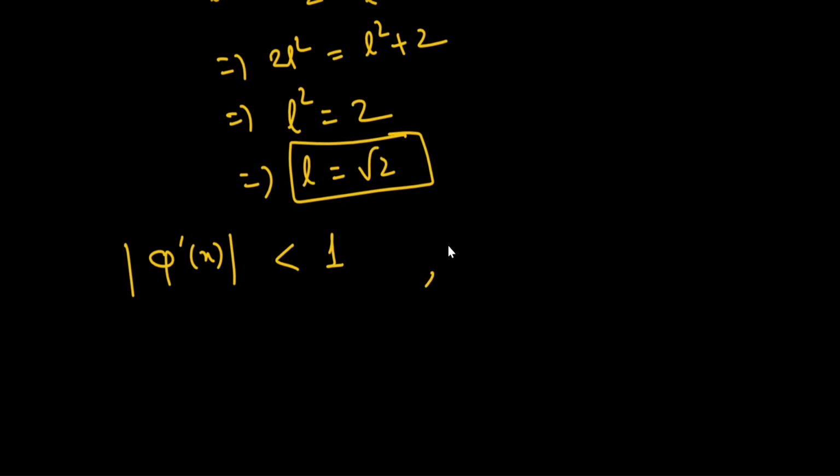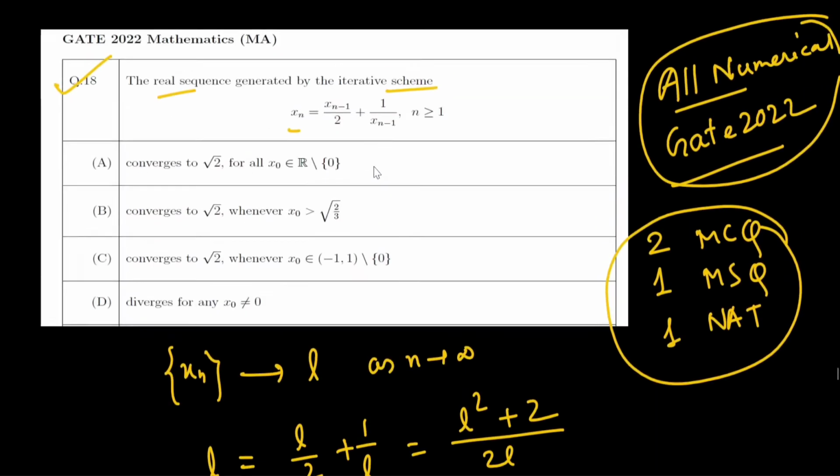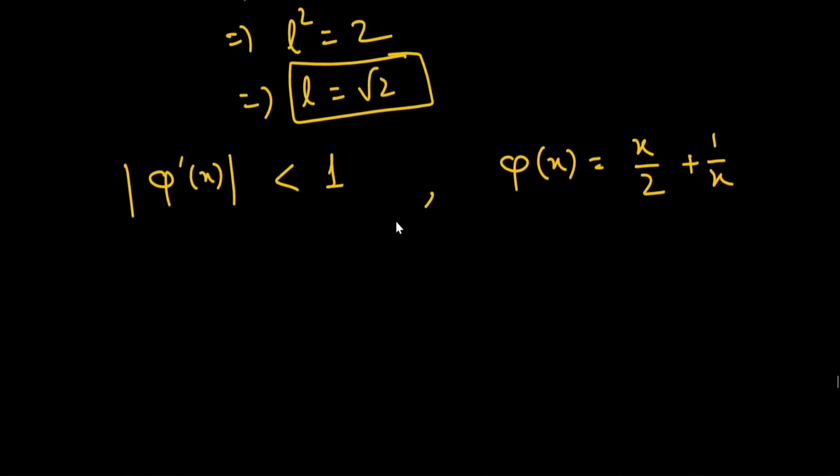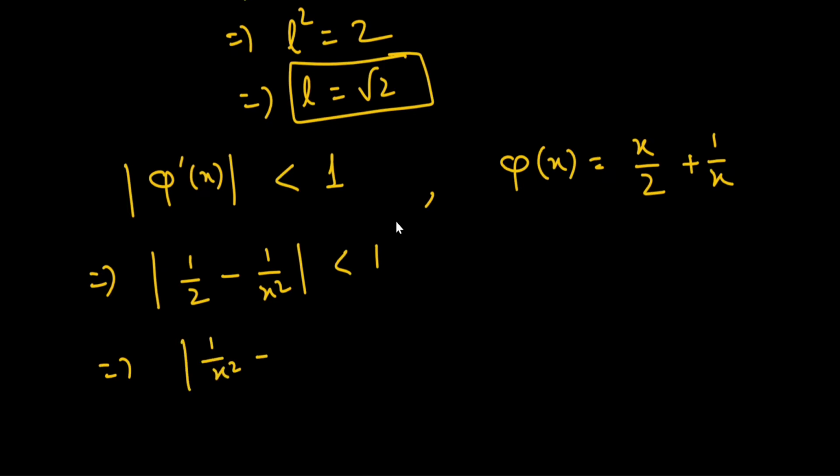Here the scheme is given as φ(x) = x/2 + 1/x. Now φ'(x) = 1/2 − 1/x², and we need |1/2 − 1/x²| < 1. So this implies −1 < 1/2 − 1/x² < 1.